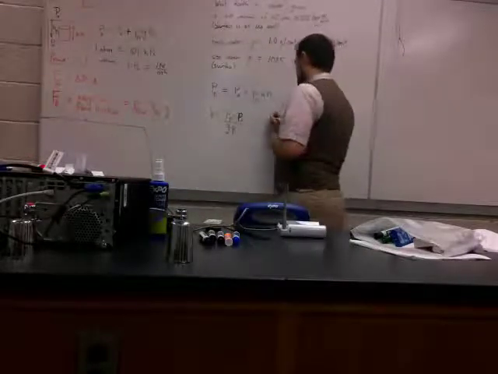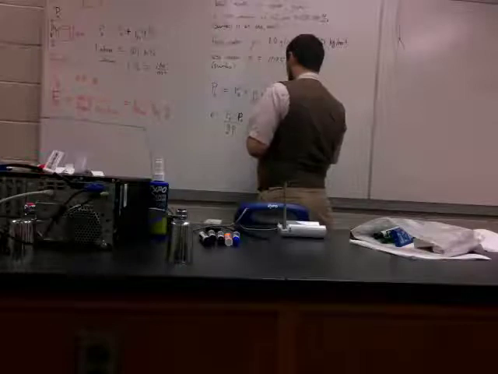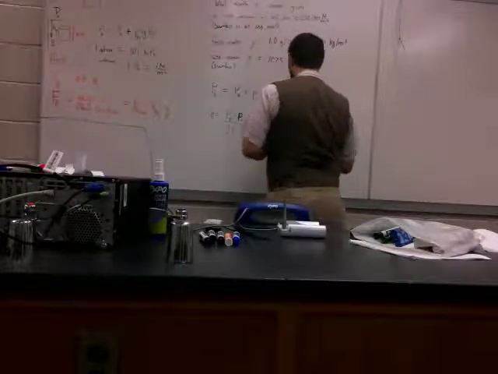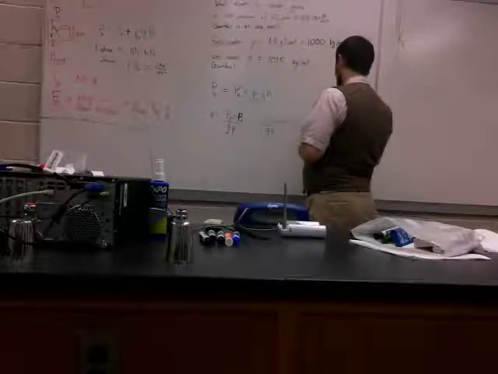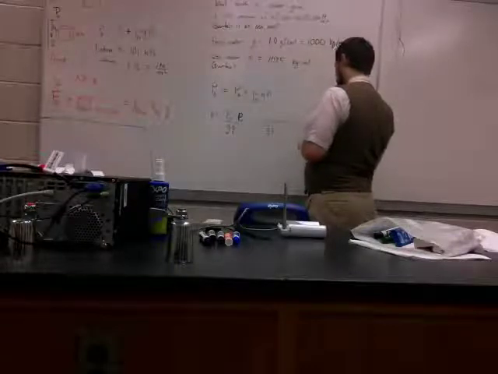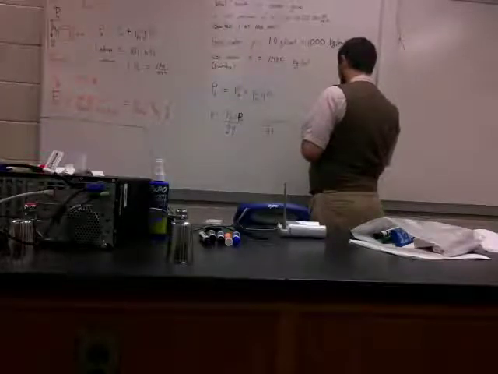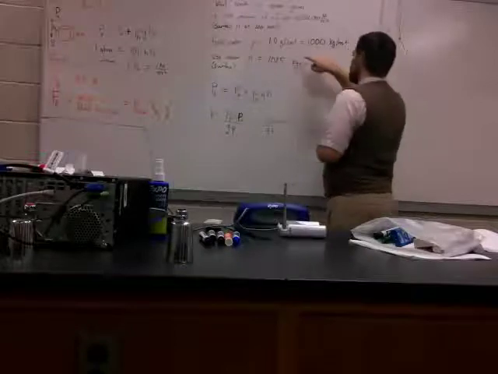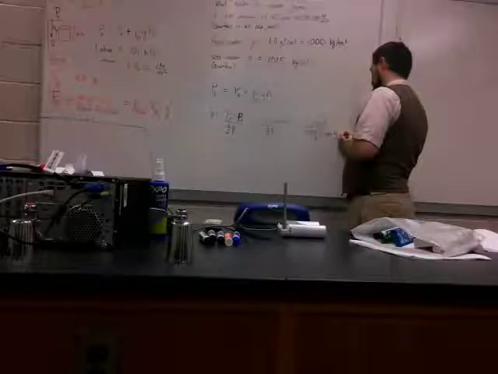Okay, so what we have here is 2 atmospheres minus 1 atmosphere divided by G times rho. Or in other words, 101,000 pascals divided by 9.8 Newton per kilogram times 1,000 kilogram per meter cubed.